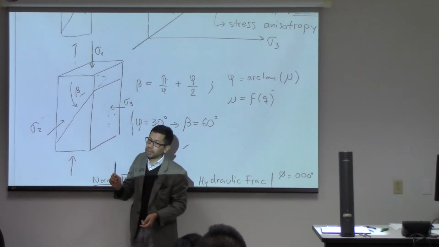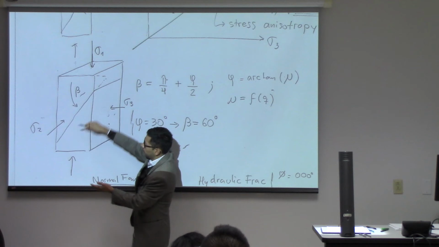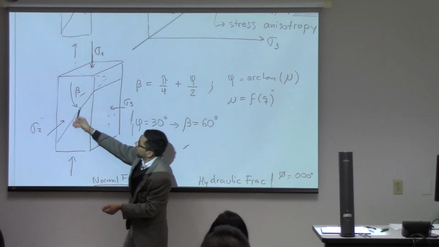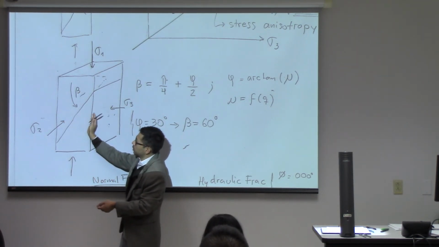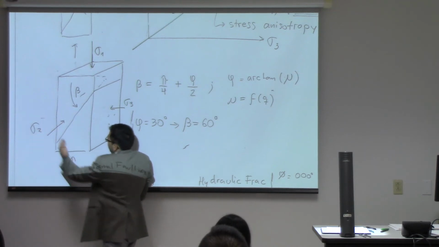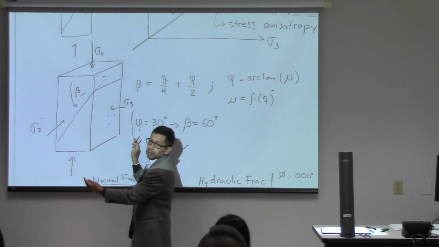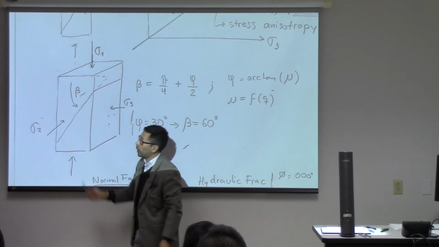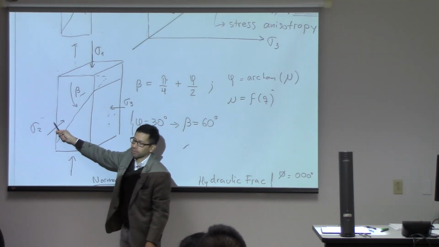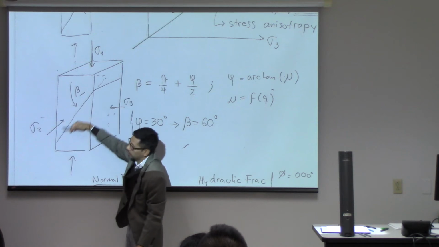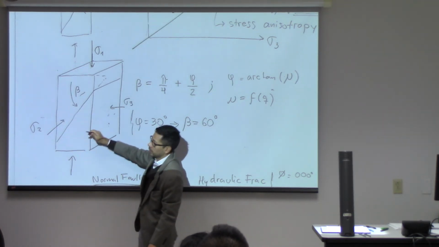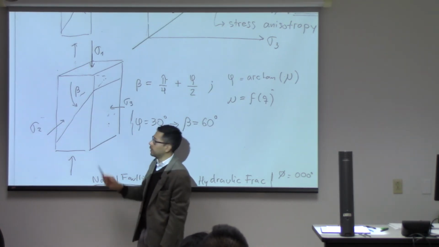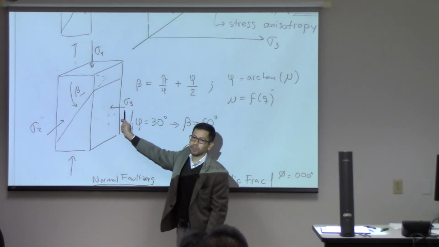But notice something else. It's not only about things moving up and down. This block is also going to move to the left, and this one is going to move to the right. And it's not going to move in this direction. So why is that? Why does it move to the left? Because it's going through that plane, but also because it's trying to do work against the least principal stress.